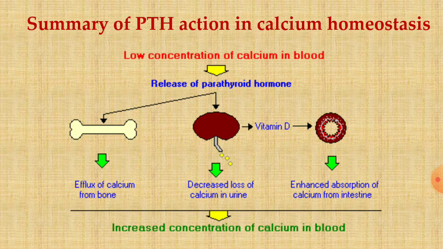But we see that in the scenario of hyperparathyroidism, where the parathyroid hormone release is excessive, there occurs prominent hypercalciuria. That means release of calcium in the urine. Why such happens? If there occurs increase in reabsorption, why hypercalciuria occurs with excessive PTH?